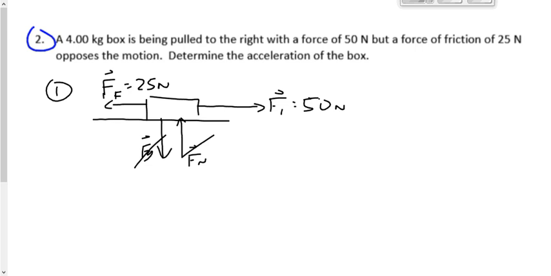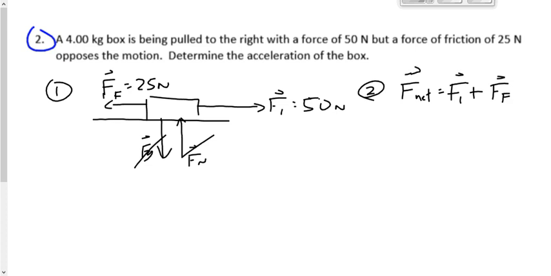Step 2, what was step 2 again? F net equals F1 plus how many? In this case, we have F1 plus, what's the other force acting? We'll call it FF though. I'm calling it FF. If you wanted to call it F2, you could.